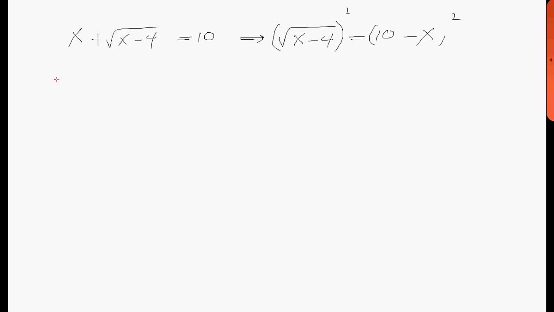This gives me x minus 4 equals 100 minus 20x plus x squared.